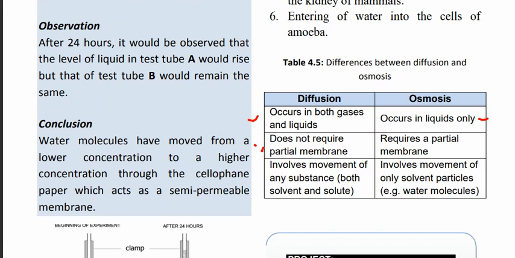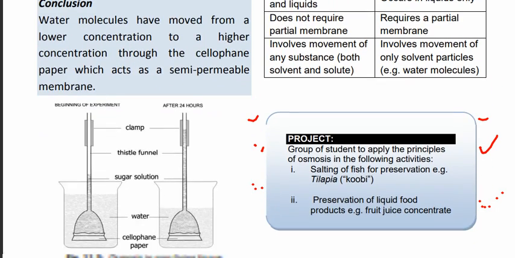Diffusion does not require a semi-permeable membrane. Osmosis requires a semi-permeable membrane. Diffusion involves movement of any substance, both solvent and solute. Osmosis involves only solvent particles, for example, water molecules.